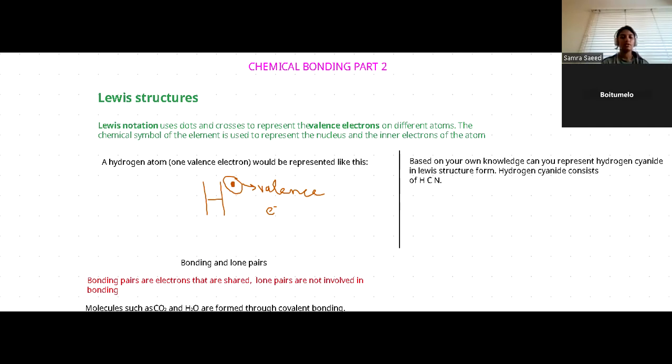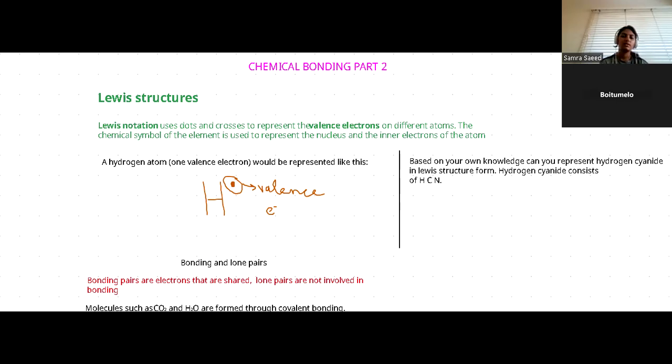So Lewis structures, Lewis notation uses dots and crosses to represent the valence electrons on different atoms. By now, you should know that valence electrons are the electrons in the outermost energy level, and they participate in bonding. Do you know why they are the only ones that participate in bonding?